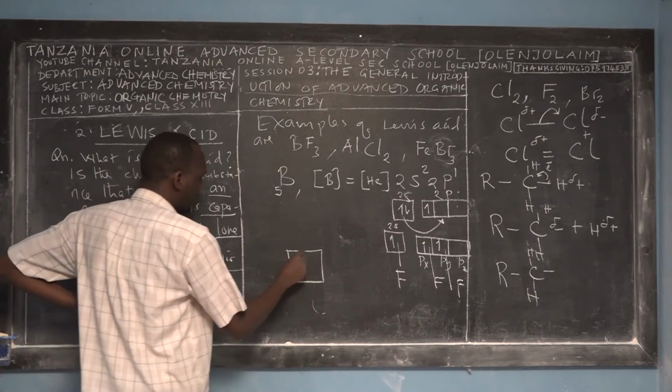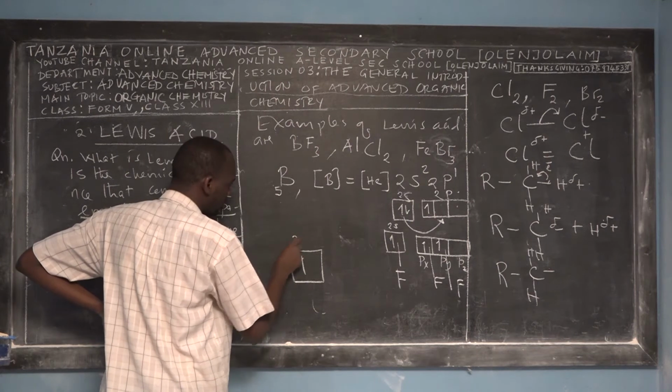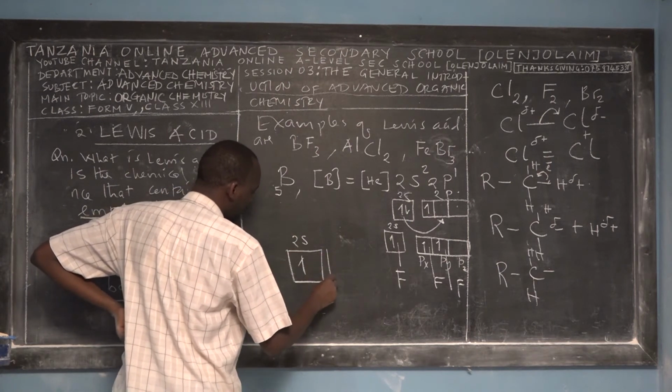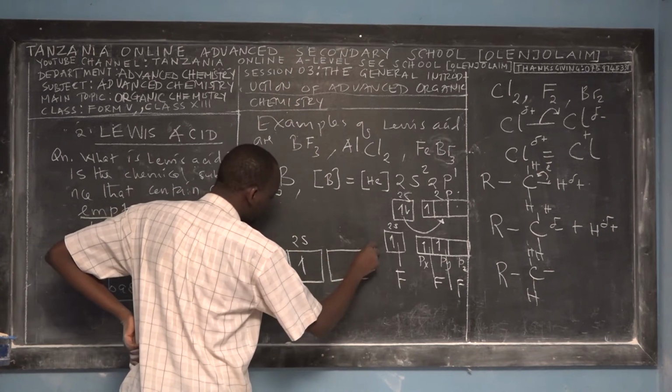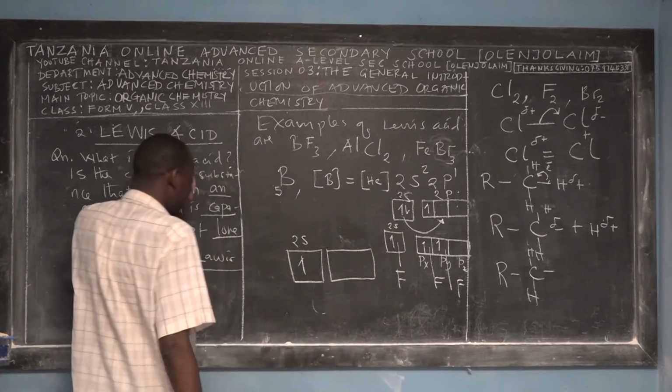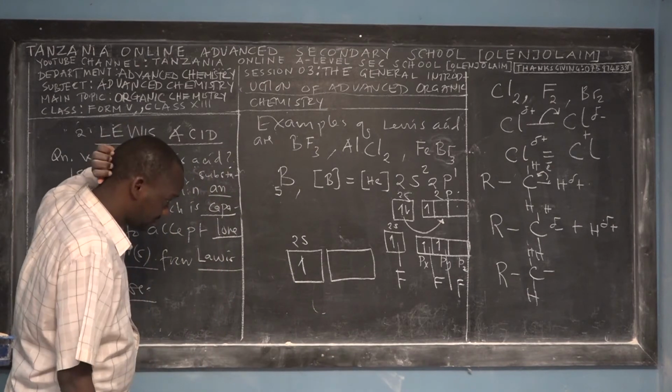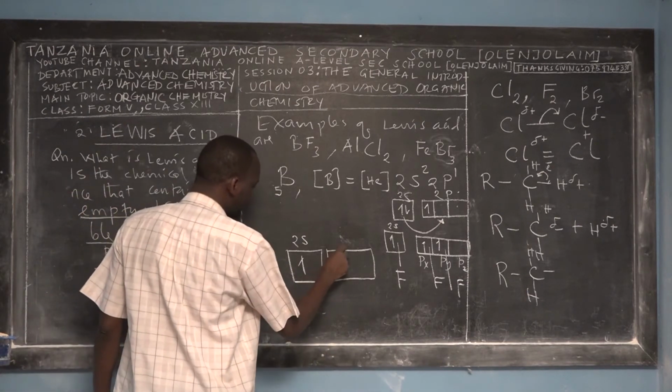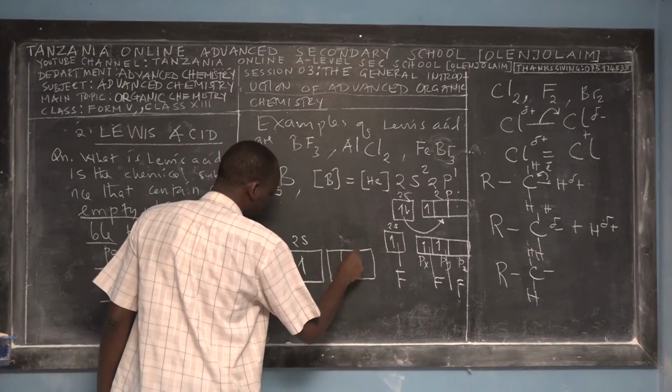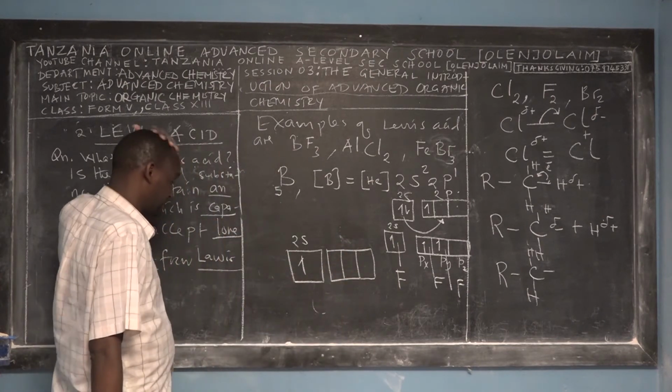So here we have 1 electron in 2s. Suppose this is the first, second and third.